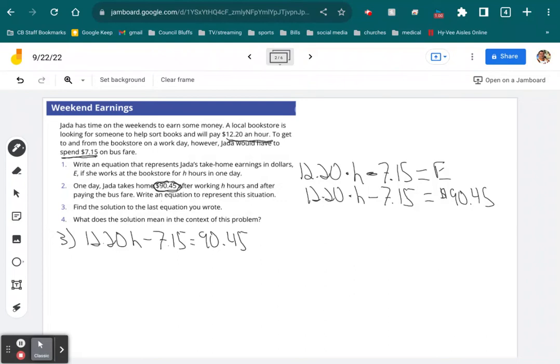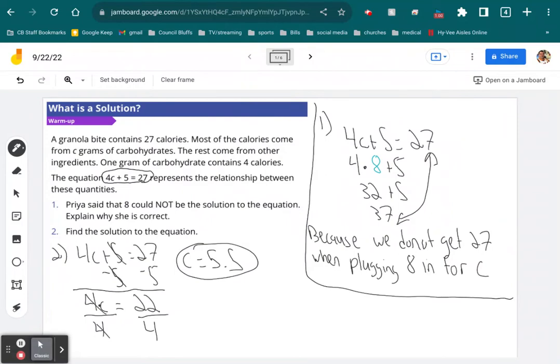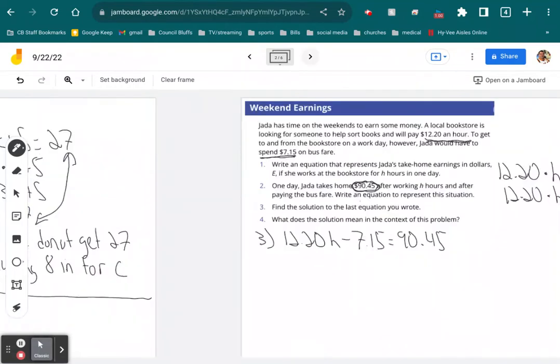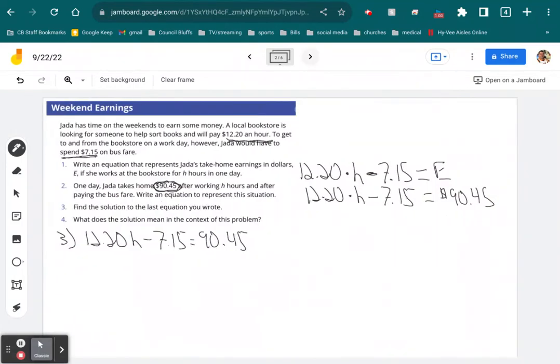Okay. So I'm going to solve this equation for H. I'm going to solve this the same way I solved the warm-up. I'm first going to get rid of the addition or subtraction. In this case, I have to get rid of the subtraction.